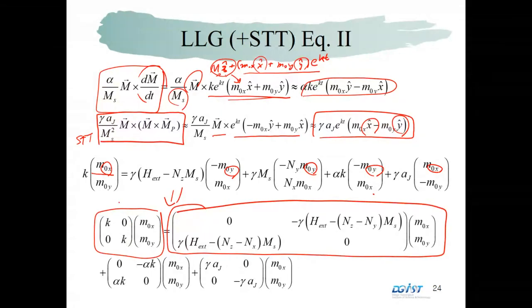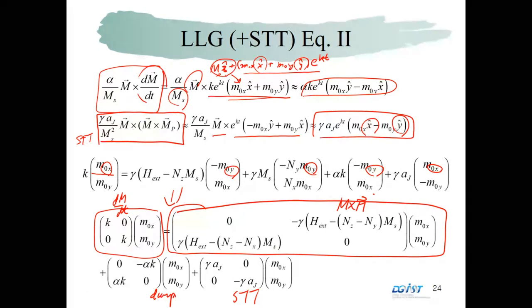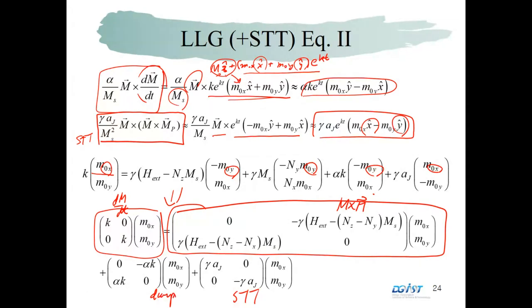So this is the DMDT term, and this is the M cross H term, and this is the damping term. This is the STT term. And please remember that here, this is the off-diagonal element.